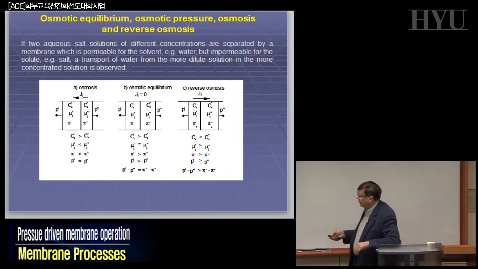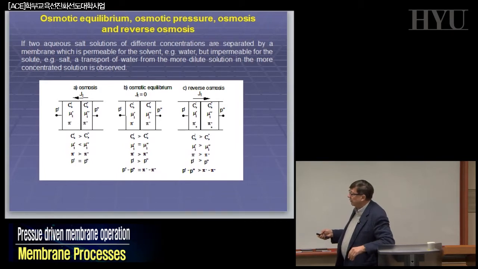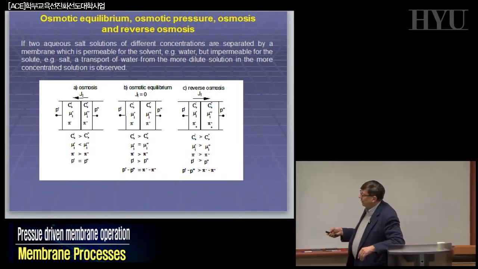In this case, if you have this membrane dividing solutions at certain concentrations, where C1 is higher than C2, what is happening in the system for reaching the equilibrium in which the two chemical potentials have to be equal? The only way for the solution to approach a situation in which the chemical potential is equal is to move water from the diluted solution to the most concentrated. Because in this case, we dilute the concentrated solution, approaching the same chemical potential of the water. There's no other way because salts cannot go across the membrane.